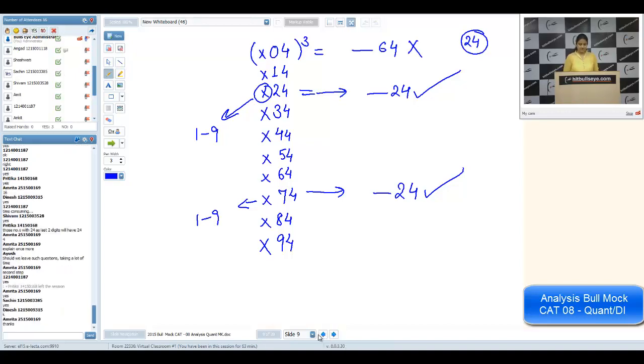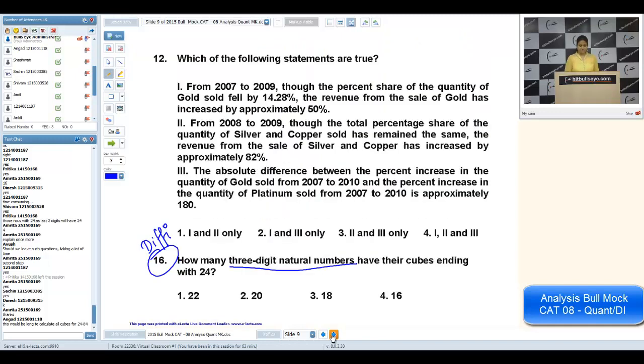See, I want to share something. When I saw this question, I marked the answer within 5 seconds. Why so? I understood that the case is of the last 2 places. So the hundreds place can take any value from 1 to 9. So the answer should be a multiple of 9.